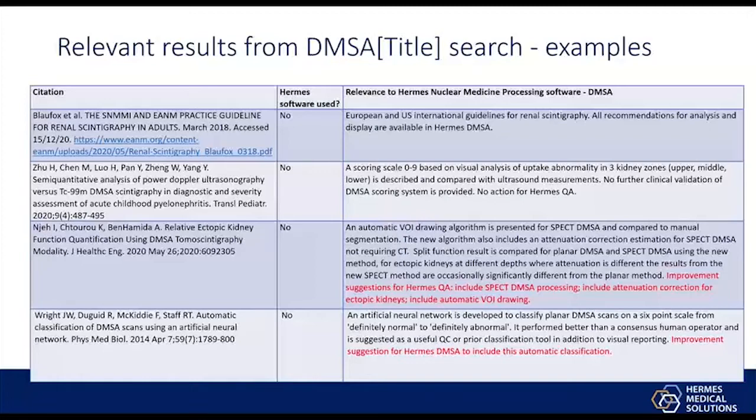And they say that for ectopic kidneys in particular, where the different depths of the kidneys makes the attenuation correction quite important, they get different results between this new SPECT method and the planar method. So that was interesting, and I thought that sounded like something that Hermes could usefully include and learn from.